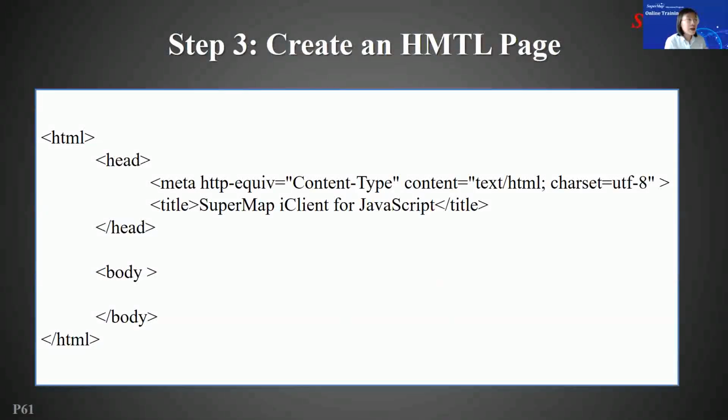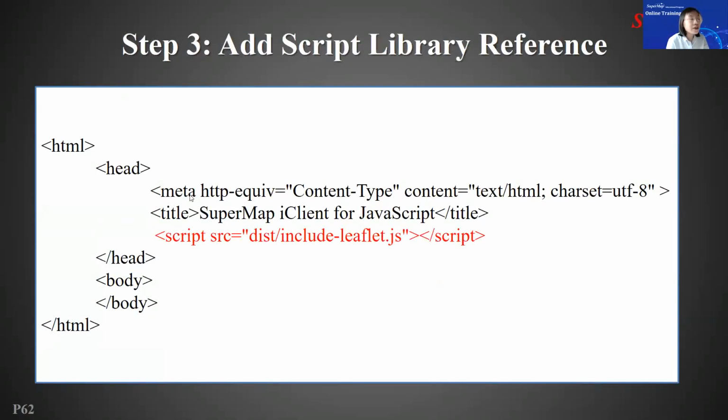And then you have to create a blank HTML page that includes the head and body parts. For the head part, you can define the title of this HTML page. Also, notice that you have to set the charset to UTF-8, otherwise there will be a problem with the visualization of your words.